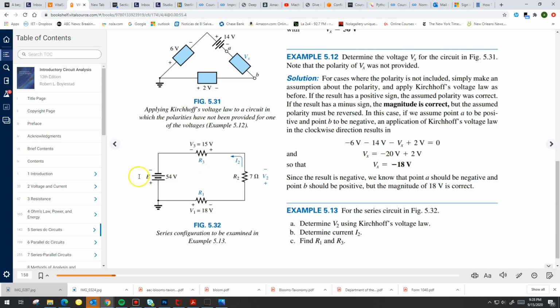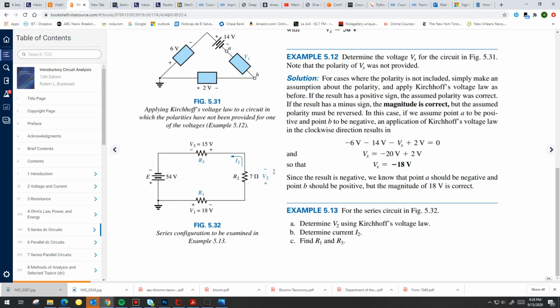Because if you start at the ground level and go clockwise, I have a drop of 54, a gain of 15, another gain of V2, and another gain of 18, and that gives me an equation with a single unknown, V2. See? Very simple, right?